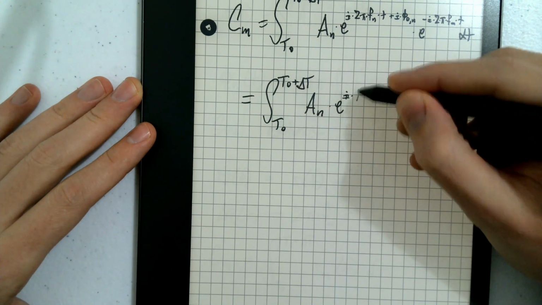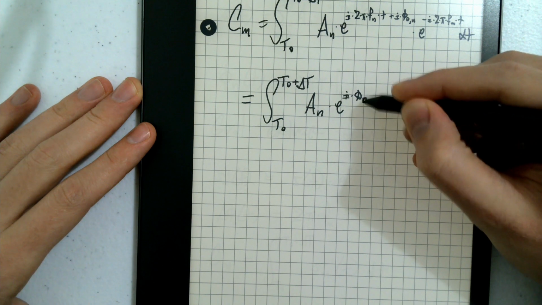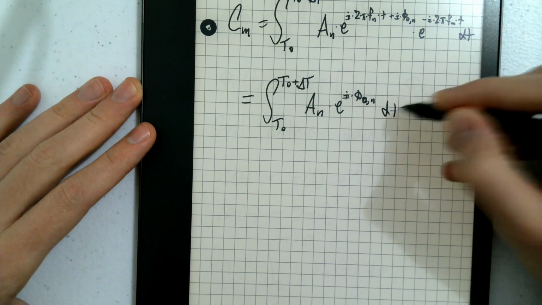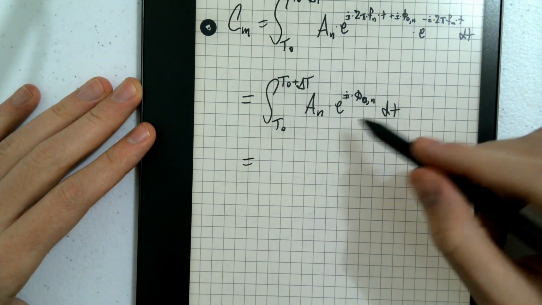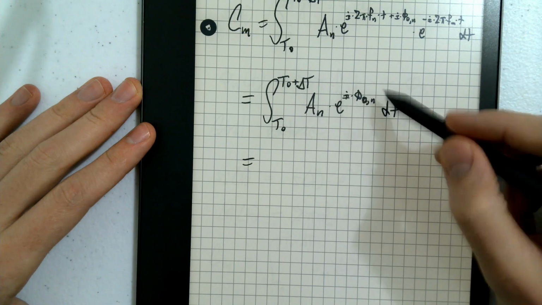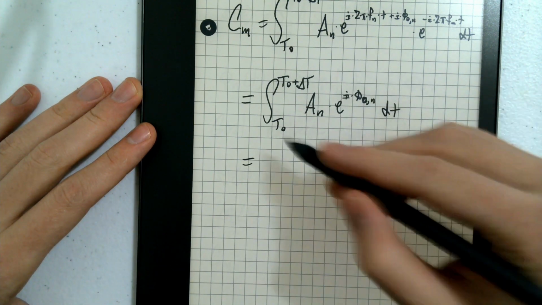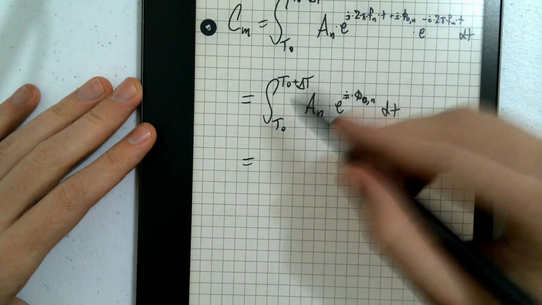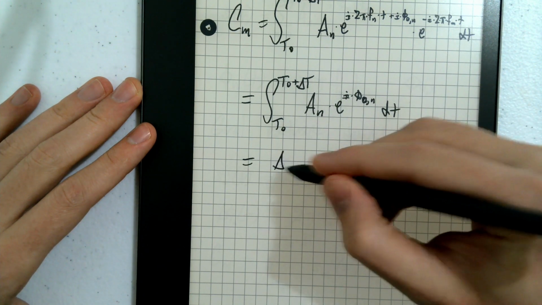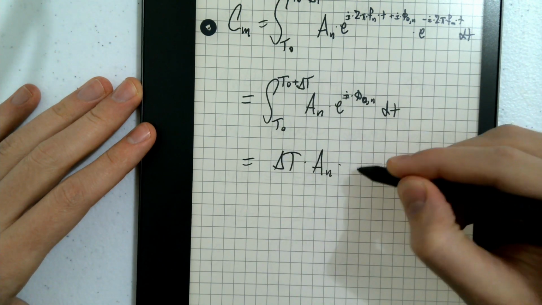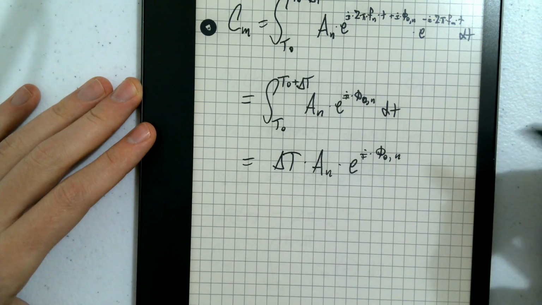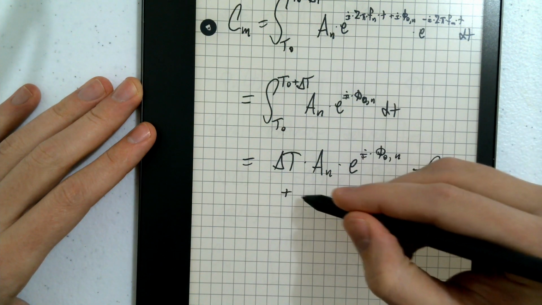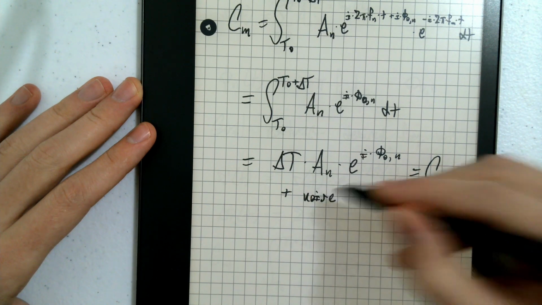So i phi 0 n dt, and this is just a constant now, nothing depends on t anymore, and so we just have delta big T times a sub n times e to the i phi naught n, and this is equal to c sub m, and actually plus noise, we'll say that.